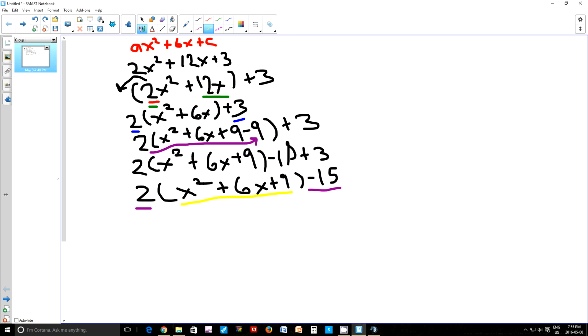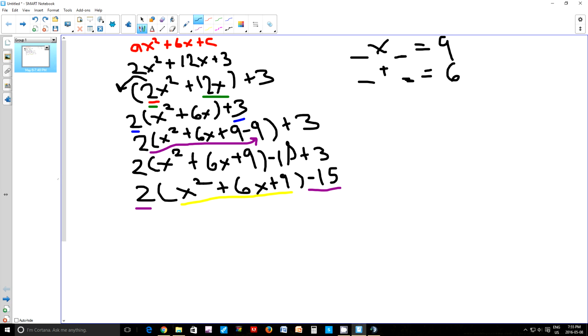Remember, this is the C value, this is the B value. So whichever two numbers multiply into the C value and add to the B value will be your factors. So what times what equals 9, and what plus what equals 6? That's pretty easy.